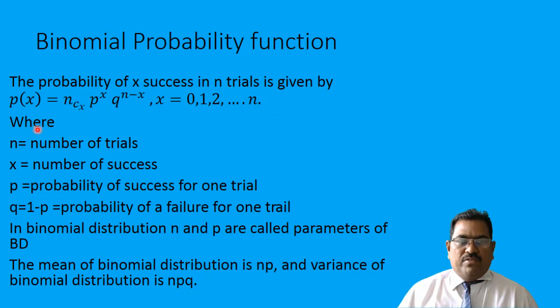Here n is the number of trials and x is the number of successes, and p is the very important probability of success for one trial, and q is automatically 1 minus p, the probability of failure for one trial. Since q is 1 minus p, n and p are called the parameters of binomial distribution. In binomial distribution, the mean is np and the variance is npq.